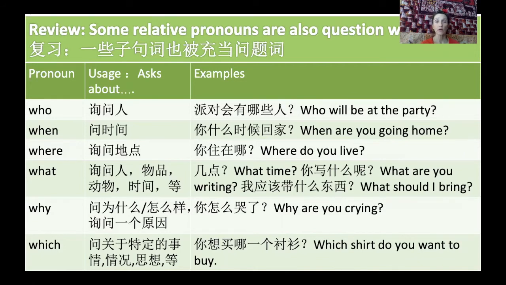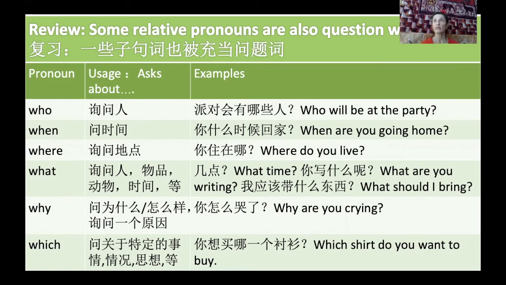where 询问地点你住在哪儿 that's the equivalent. What like the word that has many uses, and it's asking about people, things, animals, time, 等等 okay. 几点 what time, 你写什么呢 what are you writing, what should I bring 你应该带什么东西 what should I bring. So what is for many things, people, animals, things. Okay.